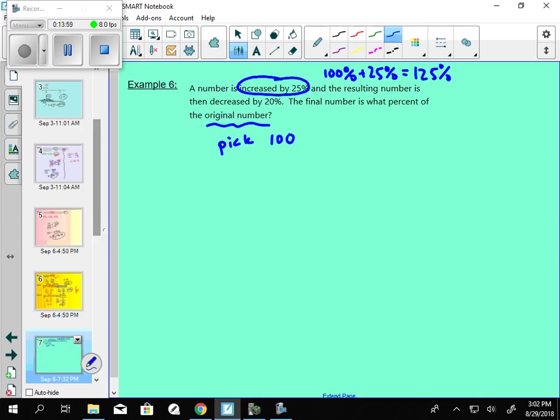What's 125% of 100? Set up a proportion: 125 out of 100% equals what new number? We don't know this new number. Our starting number was 100. If we cross multiply and divide, we get 100x equals this, and then divide by 100. We end up with 125 as our new number.